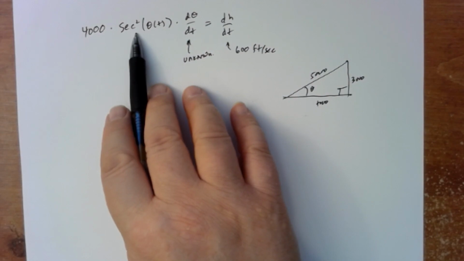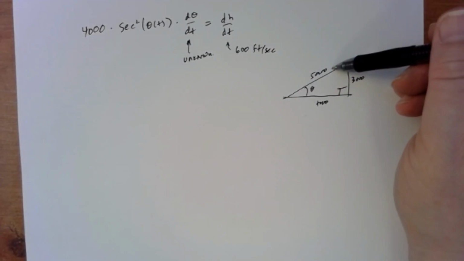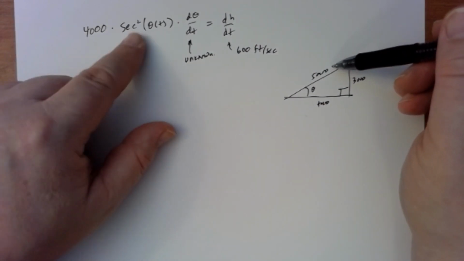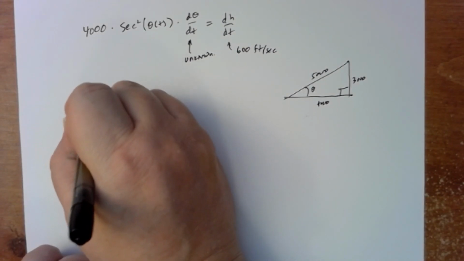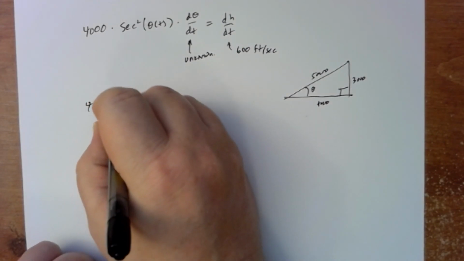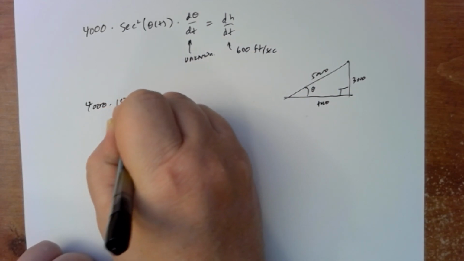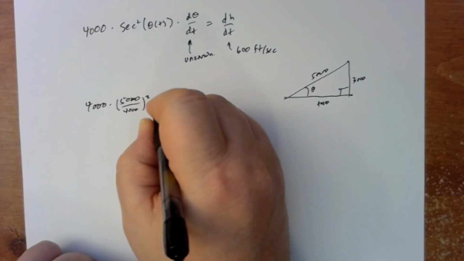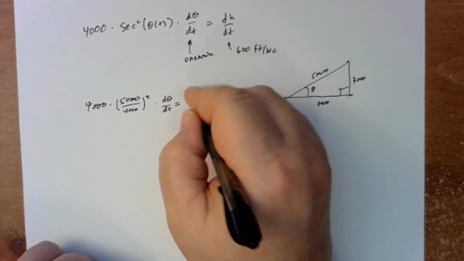The secant is 1 over the cosine. The cosine is adjacent over hypotenuse, so therefore the secant would be 5/4. So in fact we can say 4000 times (5000 divided by 4000) squared times d theta over dt is equal to 600.